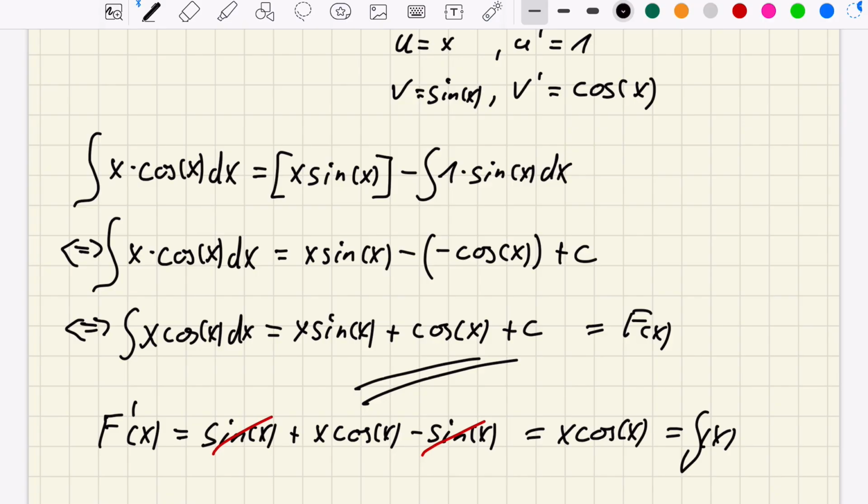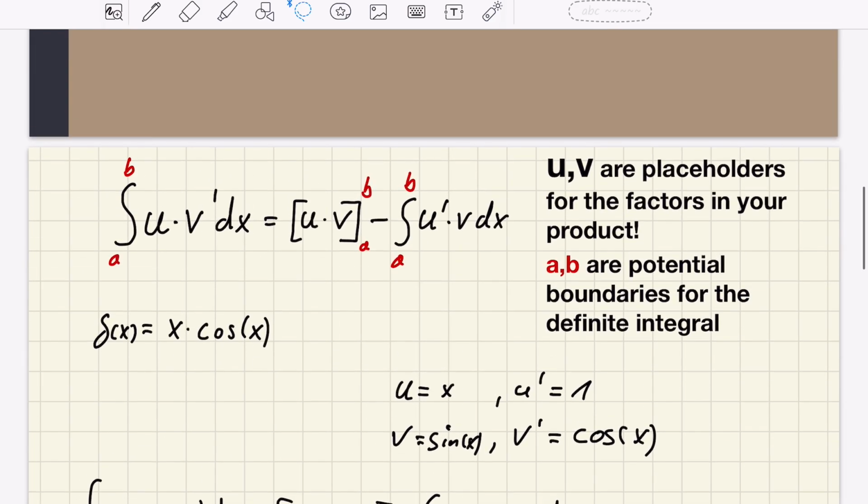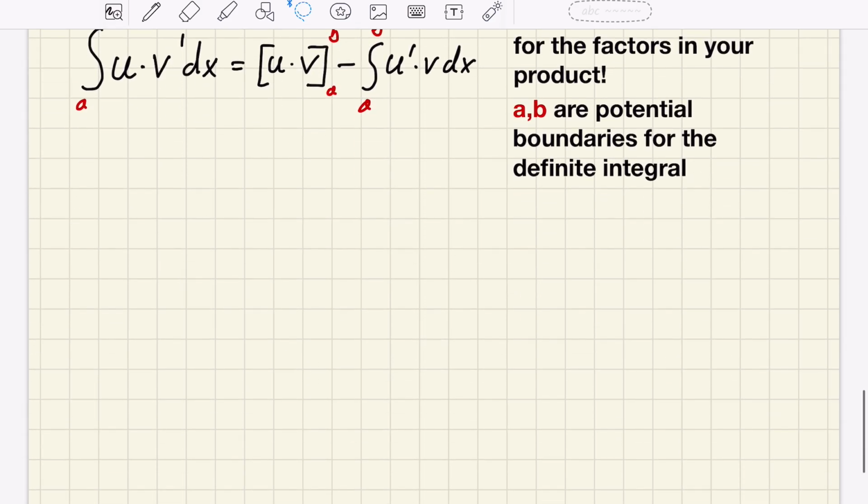Okay, so I'll give you another example, just so you can get a little bit more familiar with the notations. First was x cosine x.